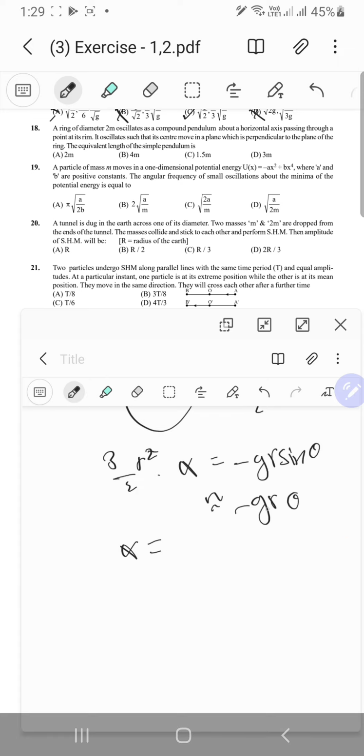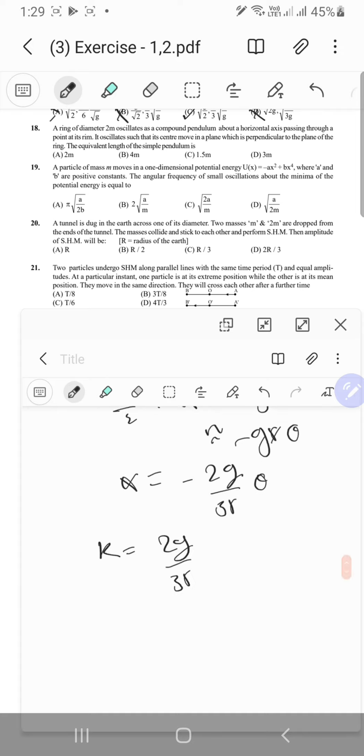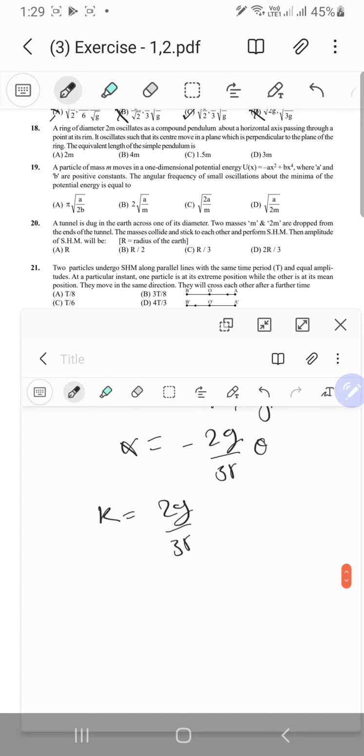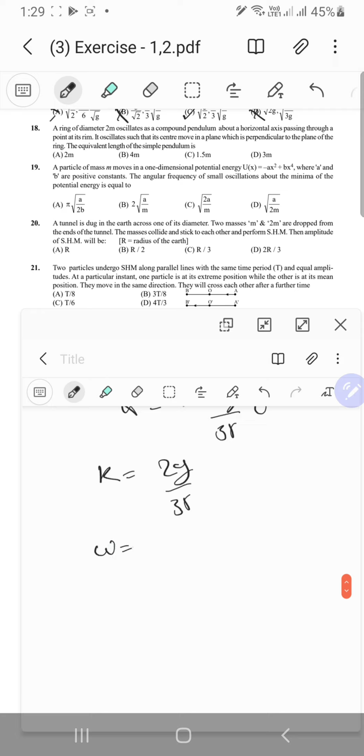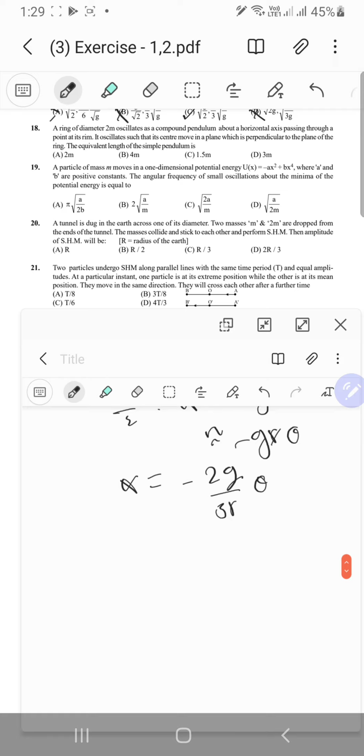So alpha, this r cancels as well. It's going to be negative 2g upon 3r into theta. So we can say k is 2g by 3r. Cool. So our angular frequency, in fact, for a normal pendulum, what do we get?